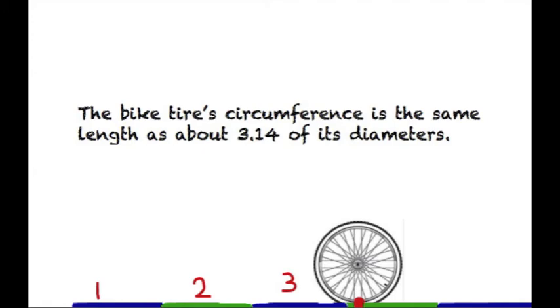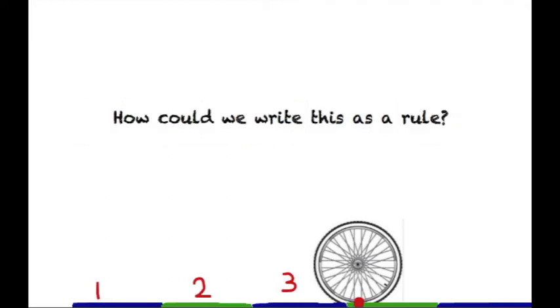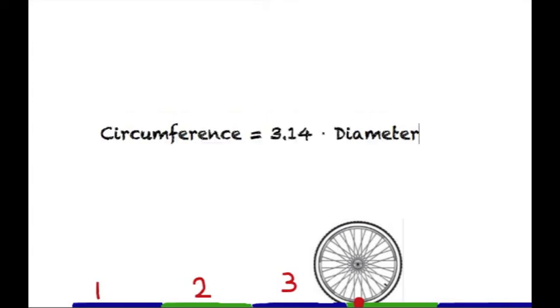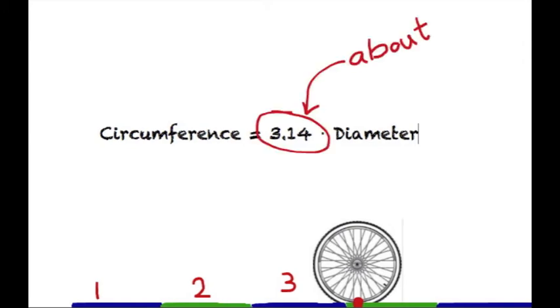And since we never used a specific measurement for this circle's diameters, this really applies to all circles. So we can then try to think about representing this as a rule. So how could we write this as a rule for all circles with all different diameter lengths? If you said circumference equals 3.14 times diameter, you would be correct.